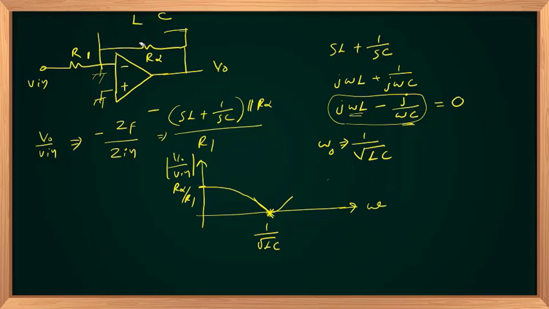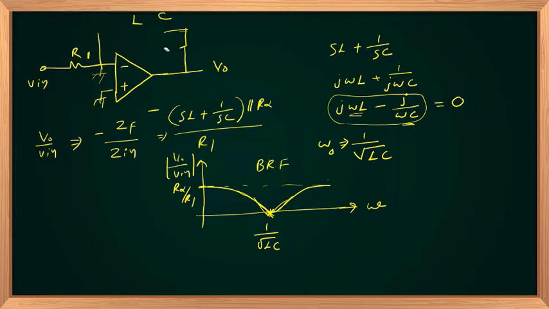Magnitude of gain will again be R2 by R1. Right? So these kinds of circuits have a band reject filter response because gain is very low in a particular band of frequencies. Okay, so it's a band reject filter.